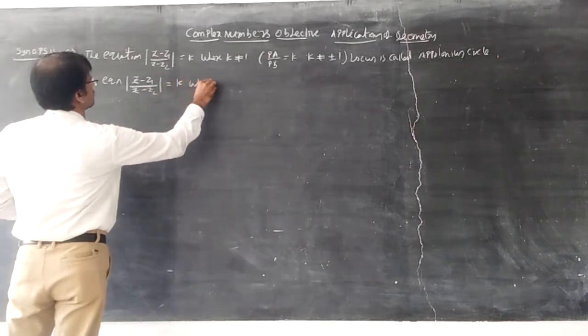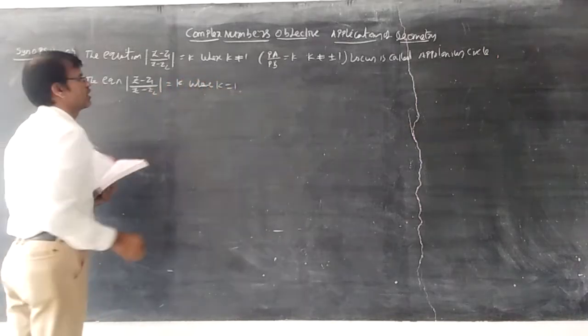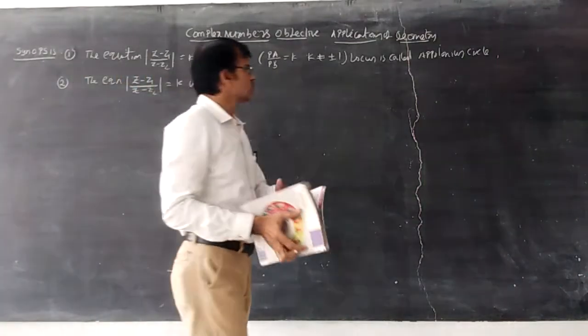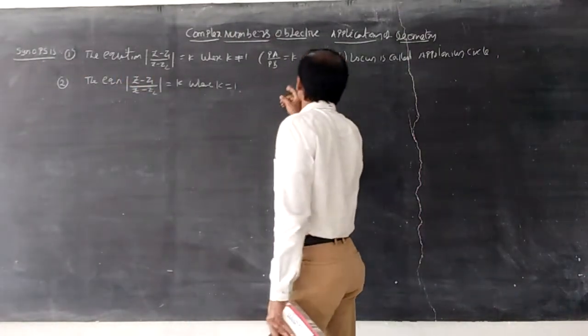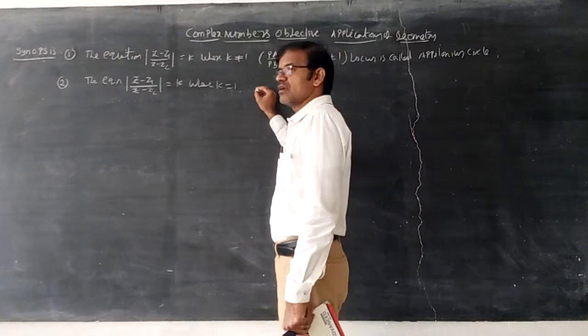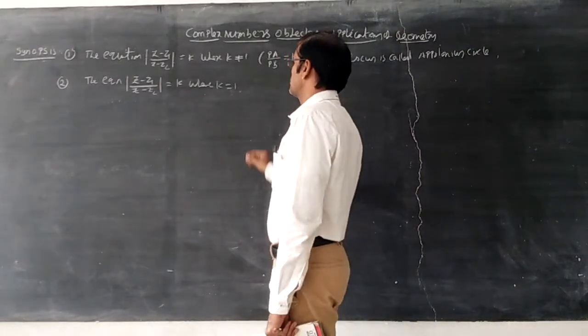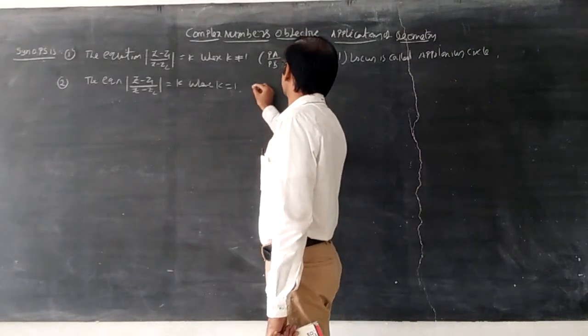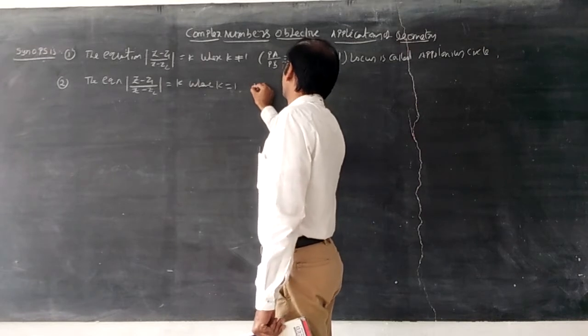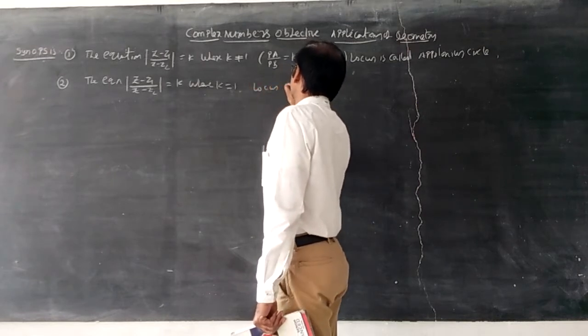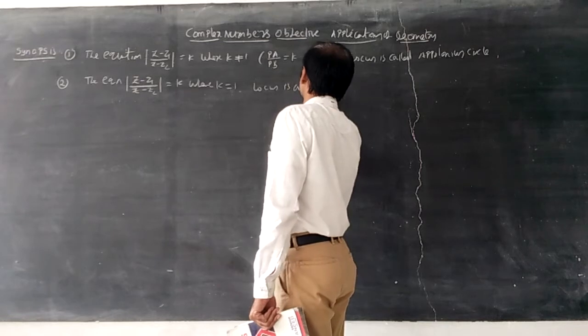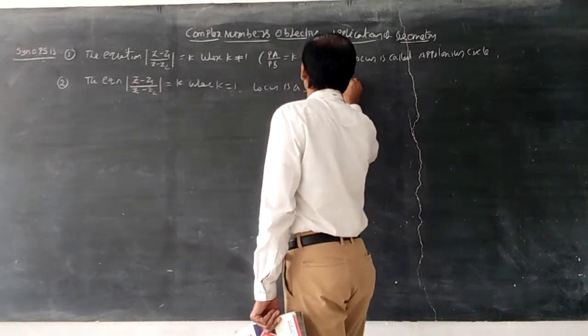If k not equal to 1, it is a circle, invented by Apollonius, so it is called the Apollonius circle. If modulus of z minus z1 by z minus z2 is equal to k, where k is equal to 1, the locus is a straight line.